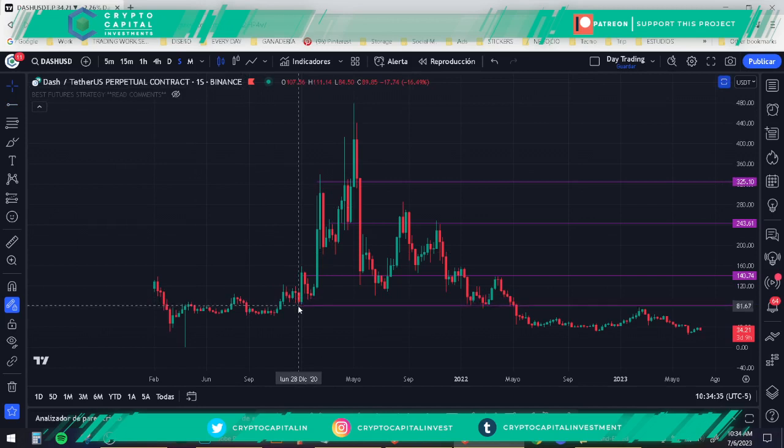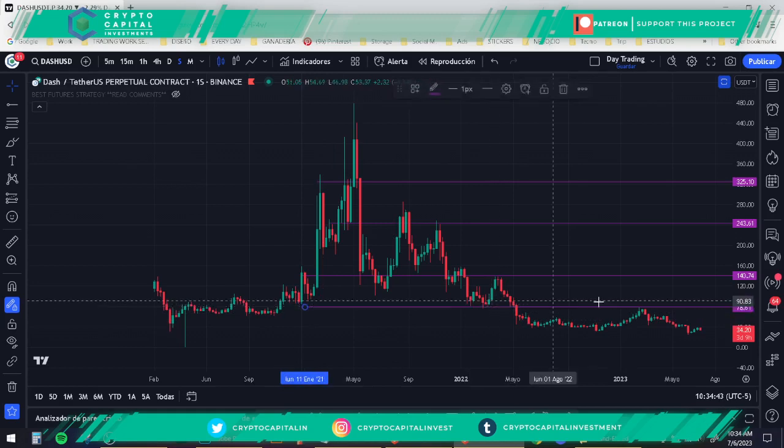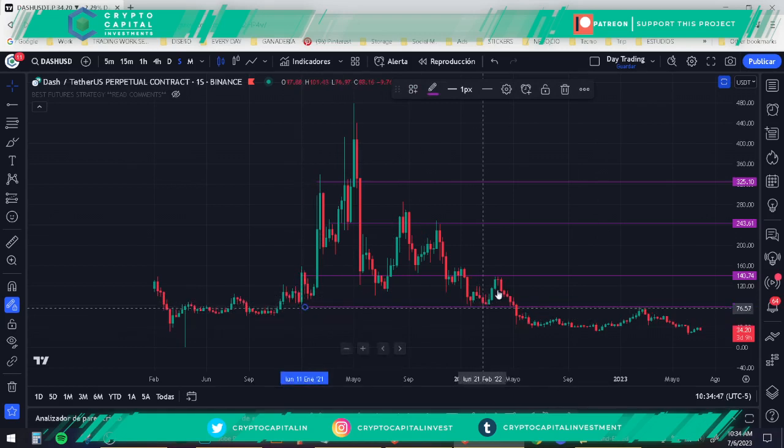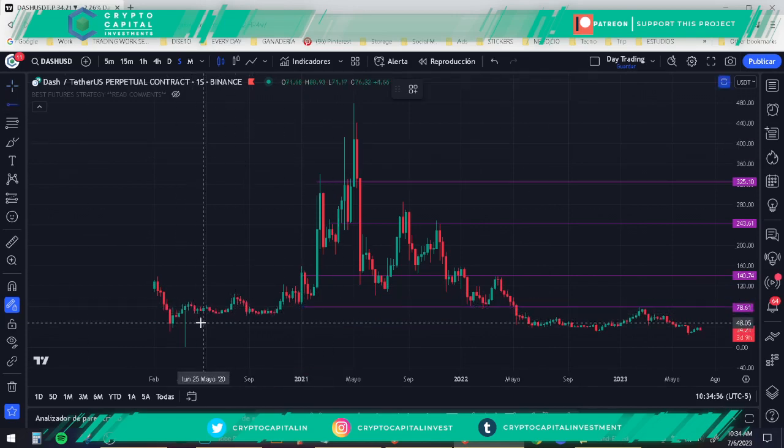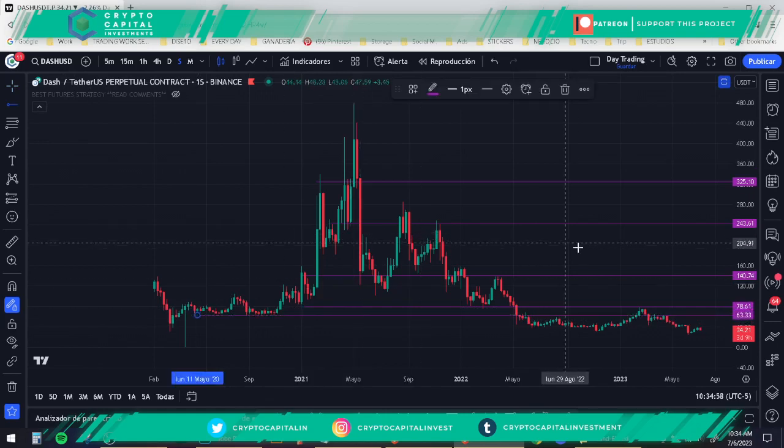I prefer this area here, not only because of this little bottom right here, not because of this support here, but also this resistance here. So definitely have been very well identified. This area here I gotta put it too, so let's go with that.